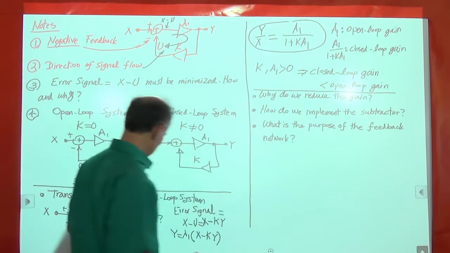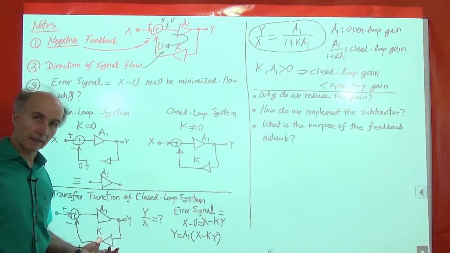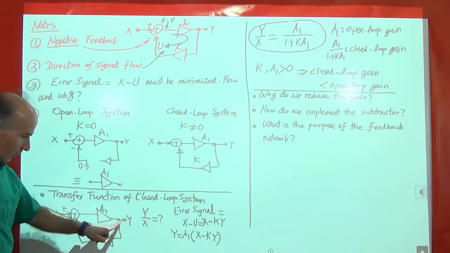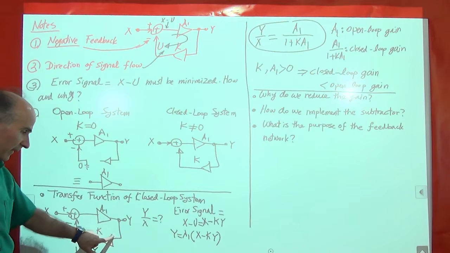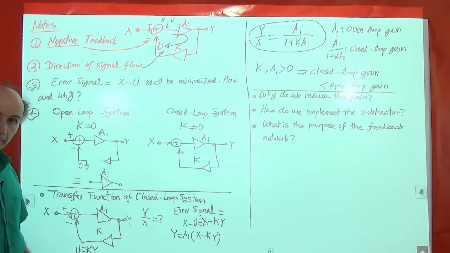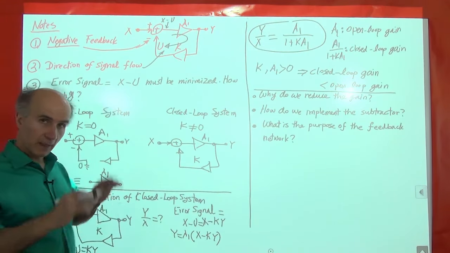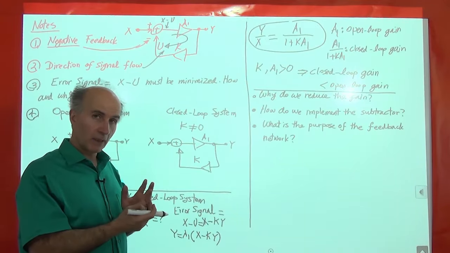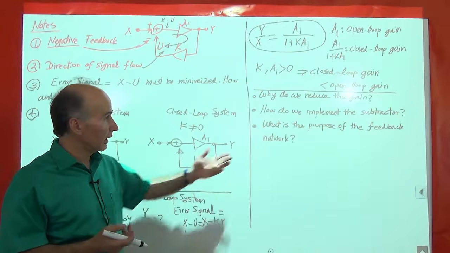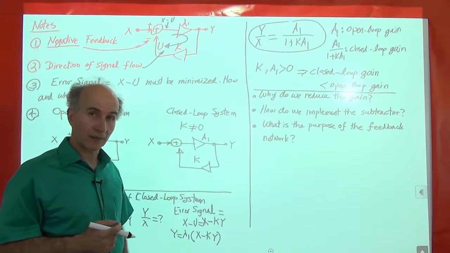This K. What is this doing here exactly? Why can't I just take this wire and bring it directly to here? Why do I have to go through something before I get here? So these are still not clear in our mind, and as we discover these interesting properties of negative feedback systems, we will see why the feedback network is necessary.